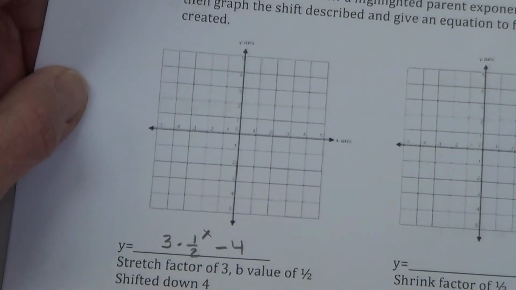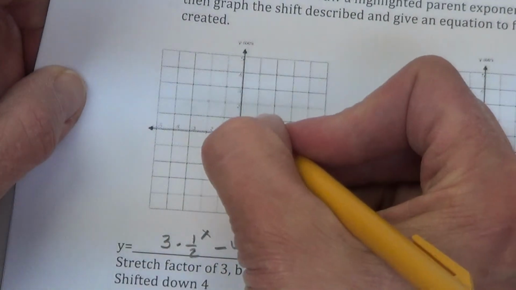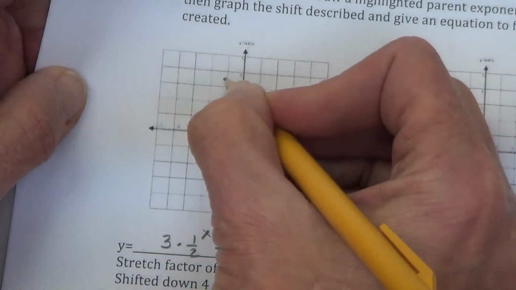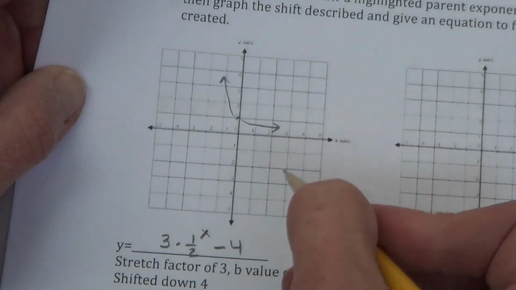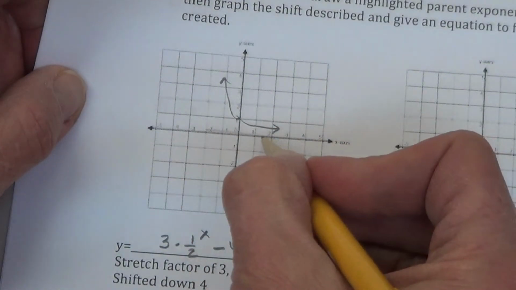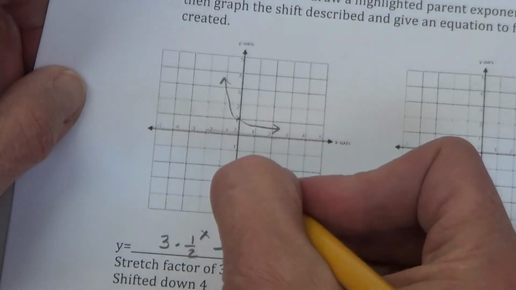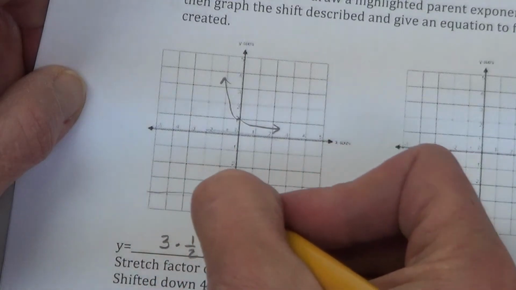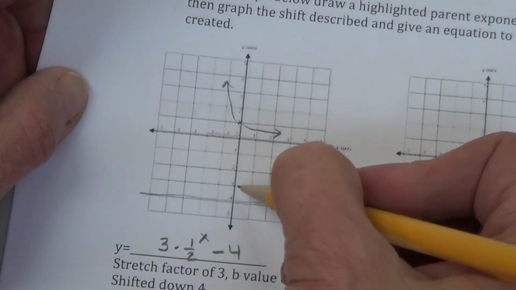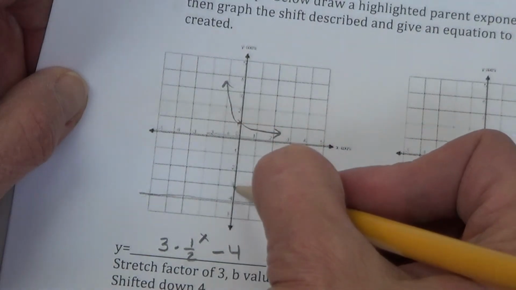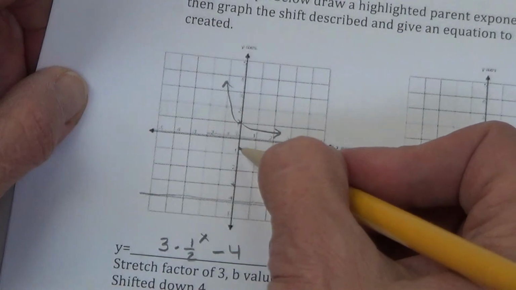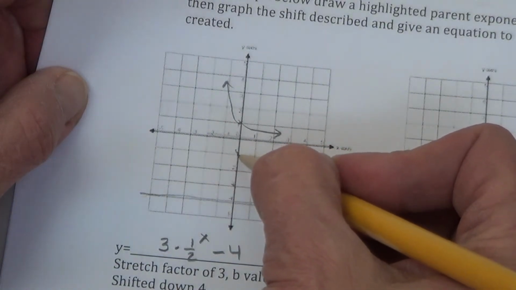We take our parent function, just a sketch of it. Now we're going to stretch by 3 and we're going to go down 4. So our asymptote moves down 1, 2, 3, 4, right along there. But we will stretch, instead of crossing at 1, we're going to cross at 3. So it should be a -1.